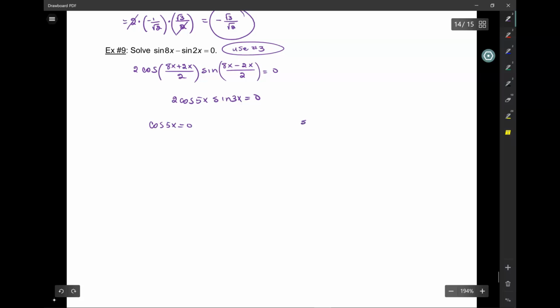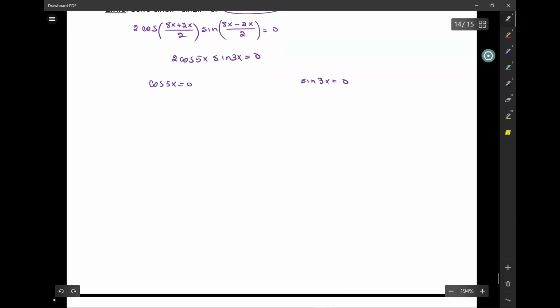We're going to need to work. Sine of 3x is equal to 0. Okay? Now, where is cosine 0? At pi over 2 and 3 pi over 2. Okay, so now, hear me out here.